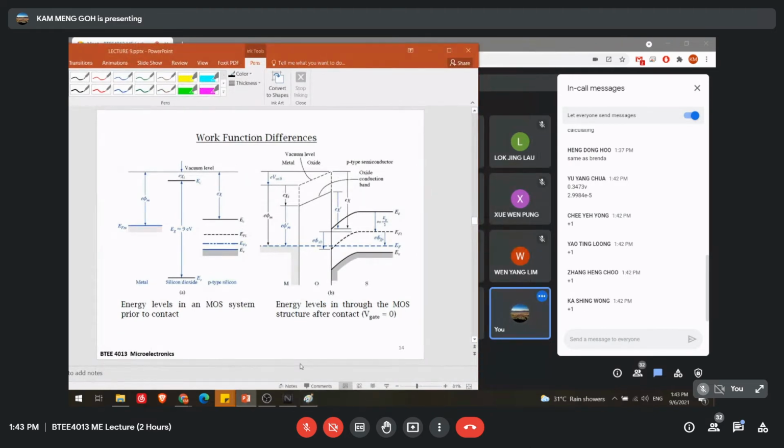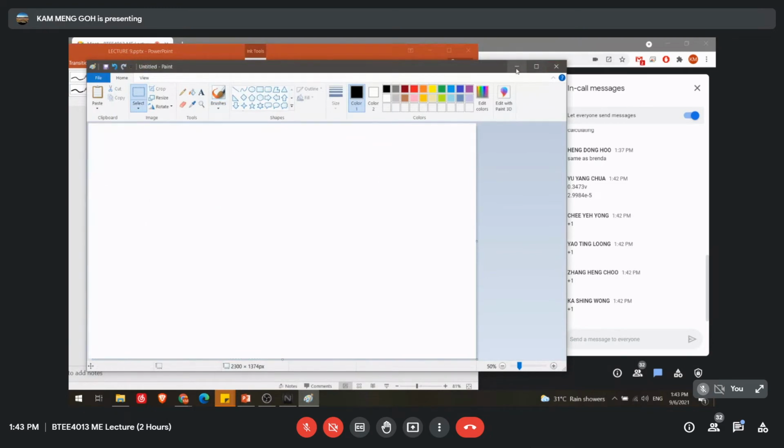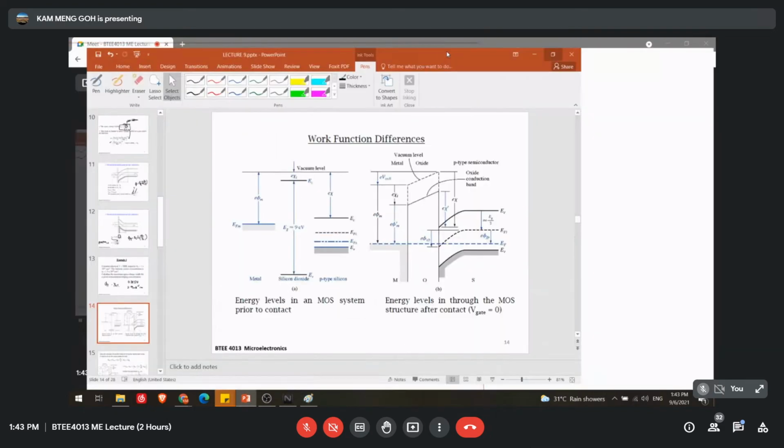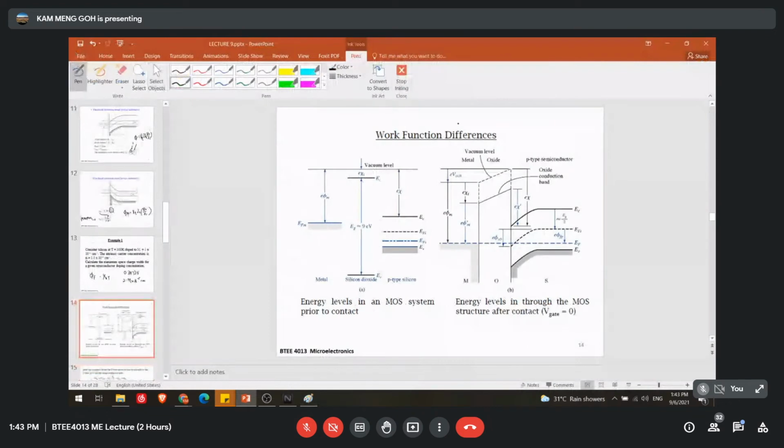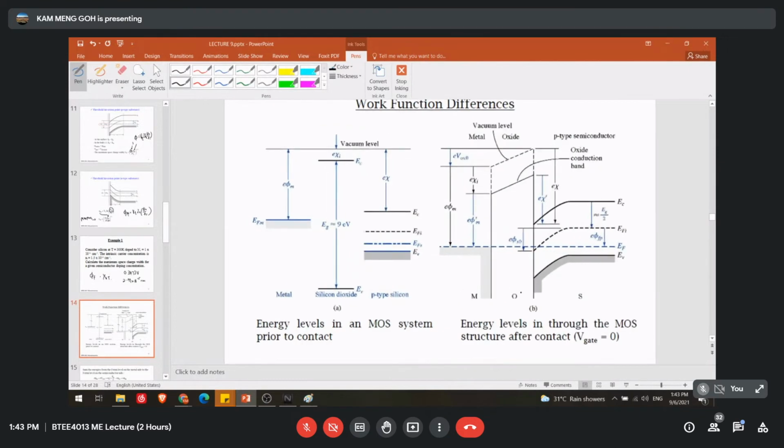I will do this. See this slide. What are the work function differences? Basically, in the MOSFET semiconductor, we have three items inside here. First is the metal.